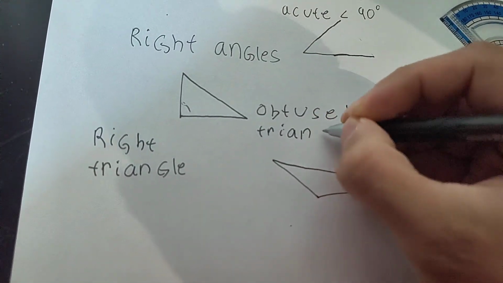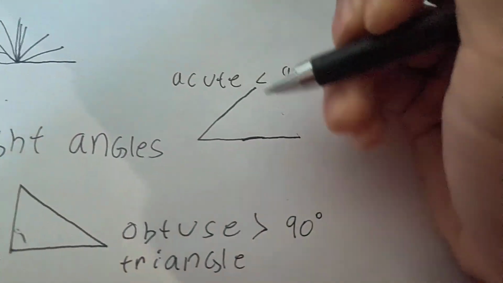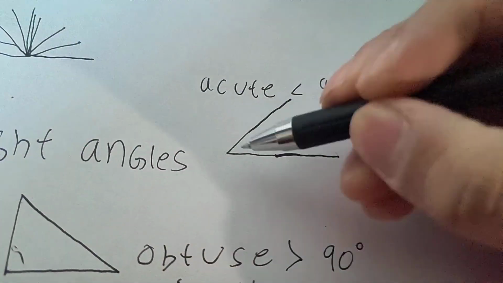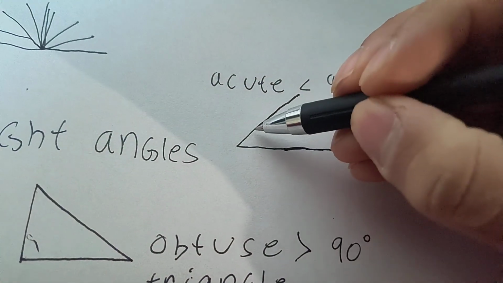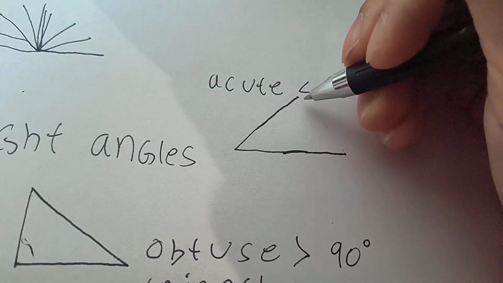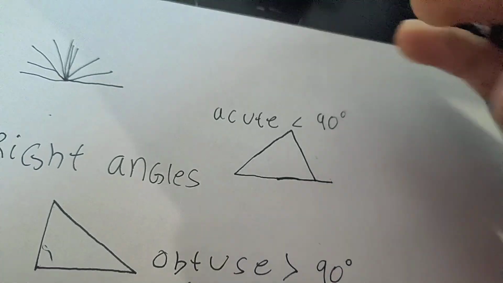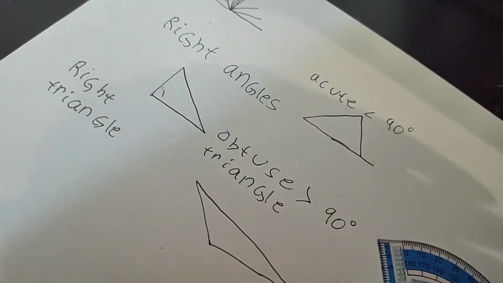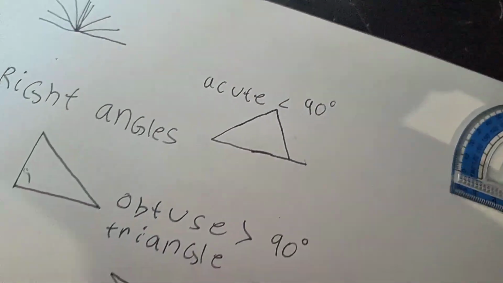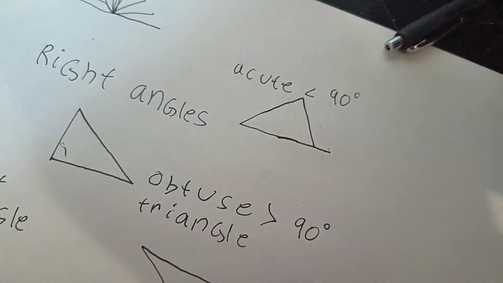And a triangle where all of its angles are less than 90 degrees is called an acute triangle. Let me see if this is an acute triangle.